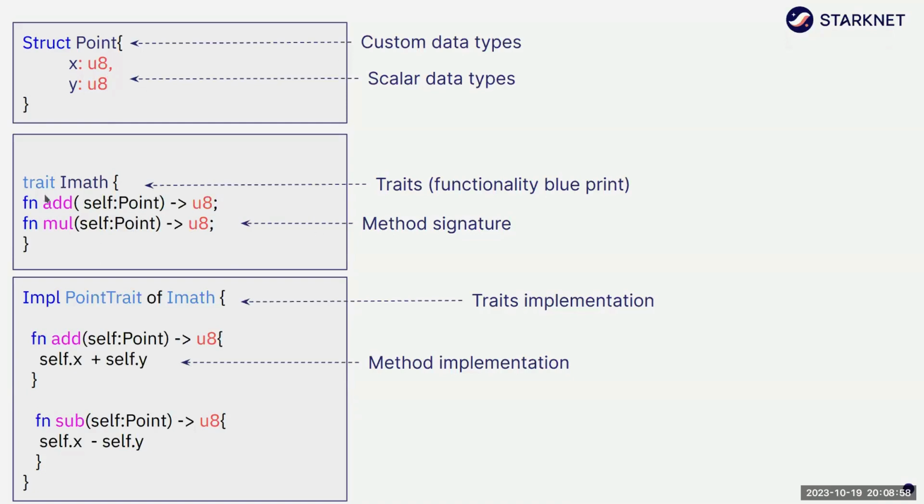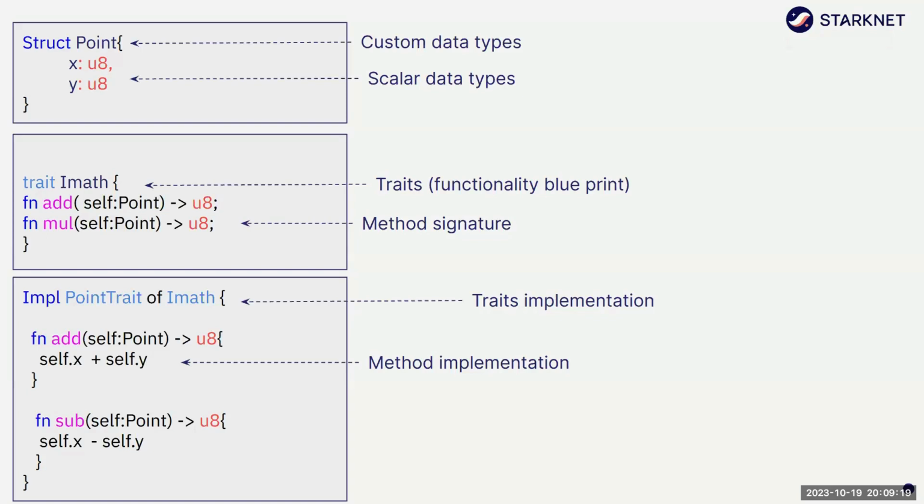Then we define a trait. A trait is how you define a blueprint, how you define shared behavior. For those of us who have experience writing Solidity, we are familiar with the concept of interfaces. How do we define interfaces in Starknet contracts? We use traits.